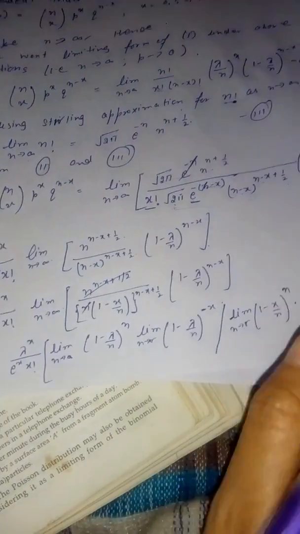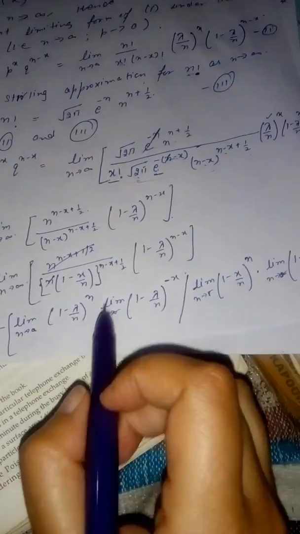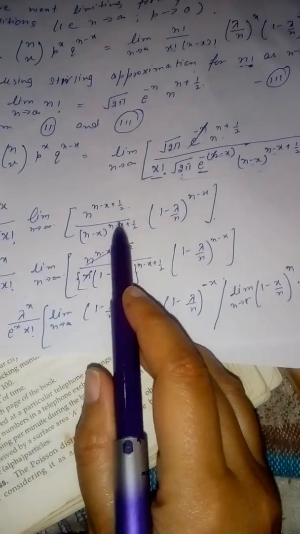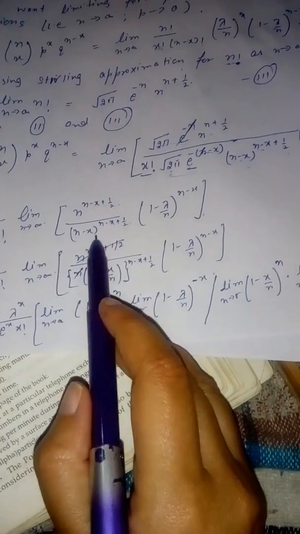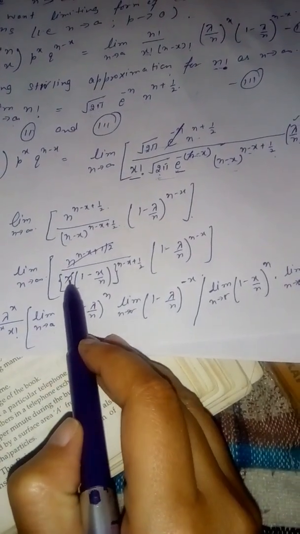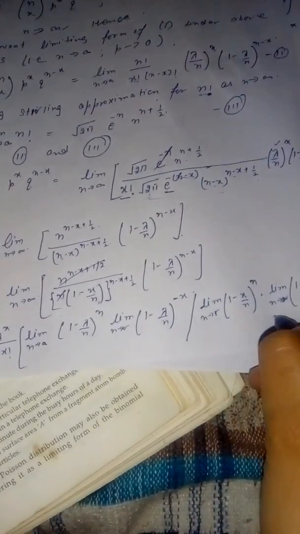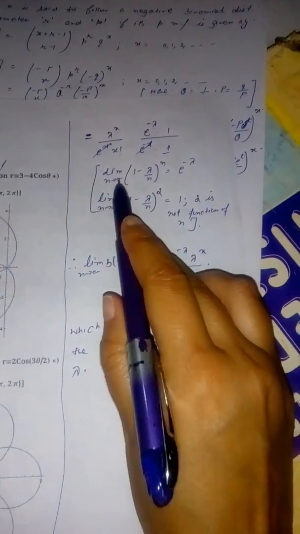After the simplification, we get this. n minus x plus 1 by 2. I take common n from here, and get 1 minus x by n, and get this result.